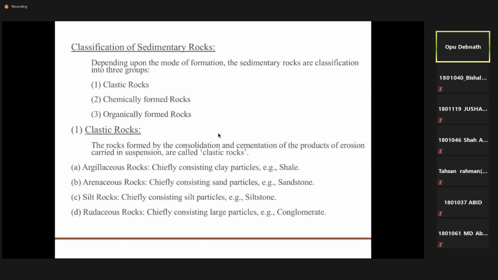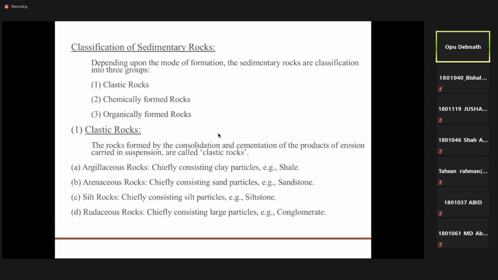So in this process, if the major constituent is the clay, the resultant sedimentary rock will be named as the shale. Okay, and then if the major constituent is sand, the resulting sedimentary rock will be named as sandstone. Similarly, if the resulting rock is silt, this will be named as siltstone.